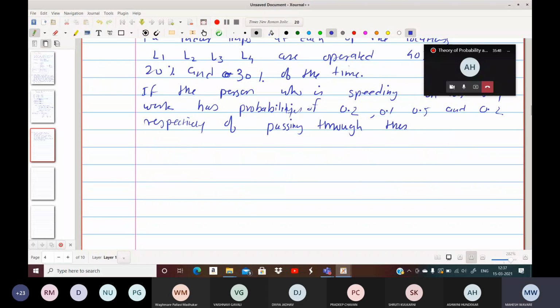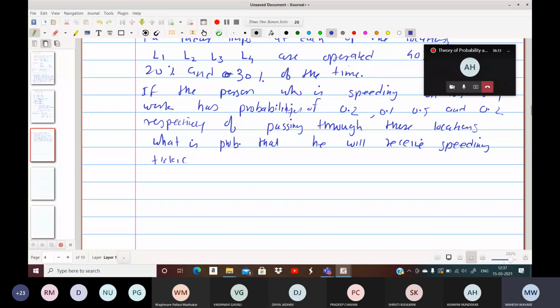What is the probability that he will receive a speeding ticket? What is the probability that he will receive a speeding ticket?